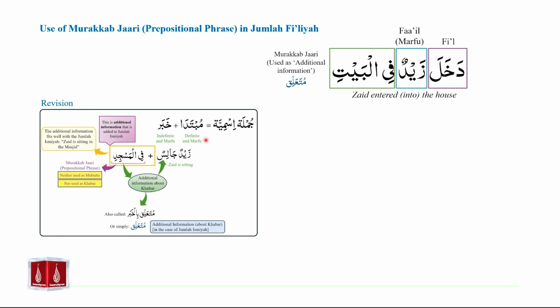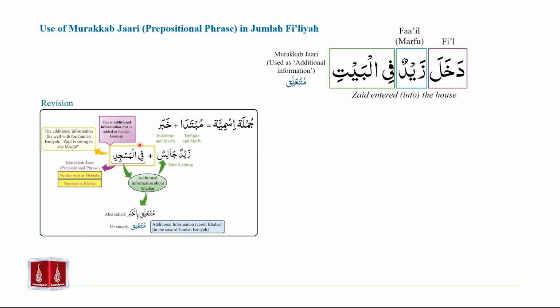Mubtada was definite and marfu, khabar indefinite and marfu. In the case of jumla ismiya, we use the example Zaidun jalisun. Zaid is sitting. And then we added some information to Zaidun jalisun and we added fil masjidi. Zaidun jalisun fil masjidi. Zaid is sitting in the masjid. Fil masjidi is additional information that is added to jumla ismiya in this case.